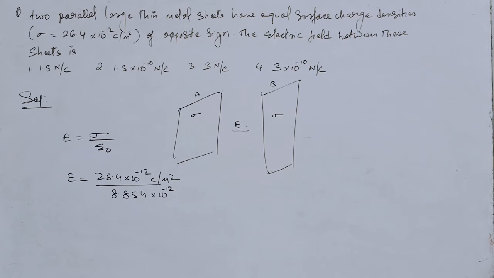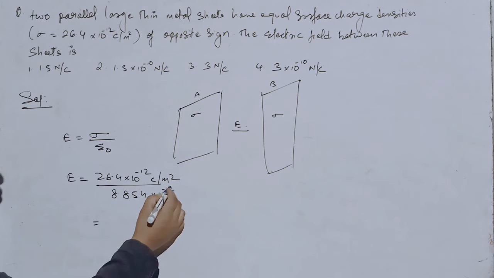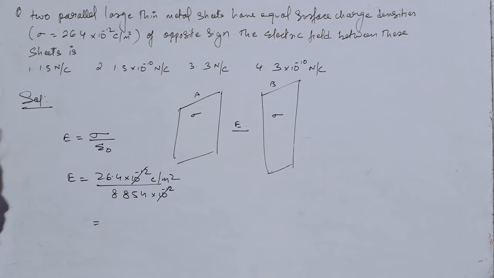The 10 to the power minus 12 terms will cancel.